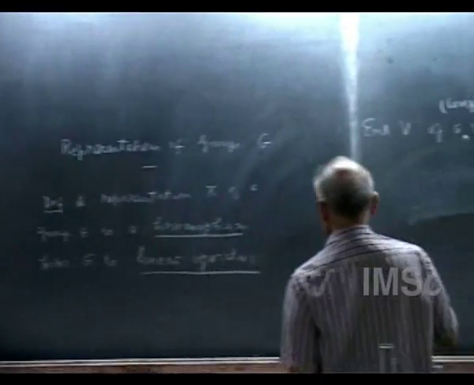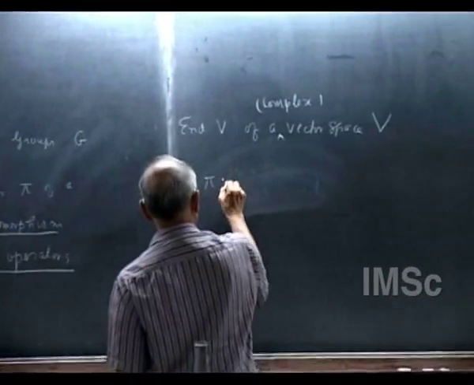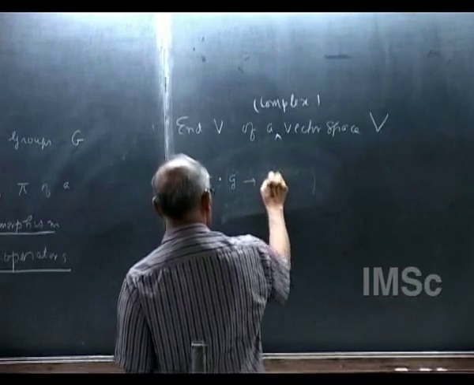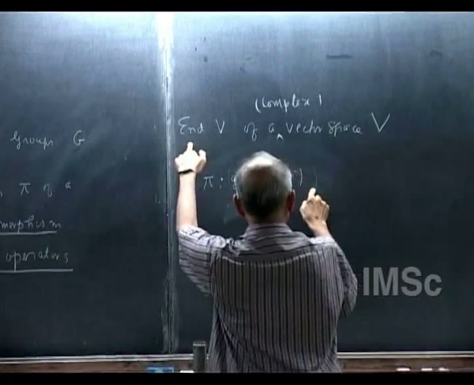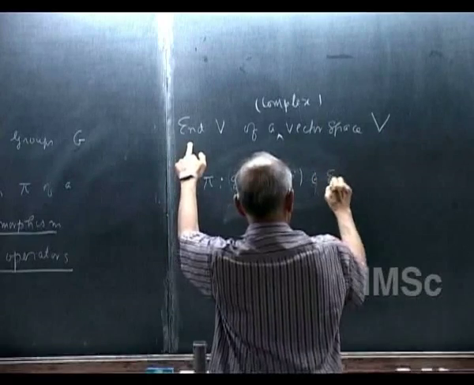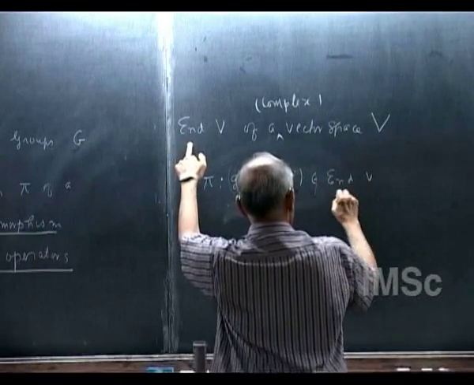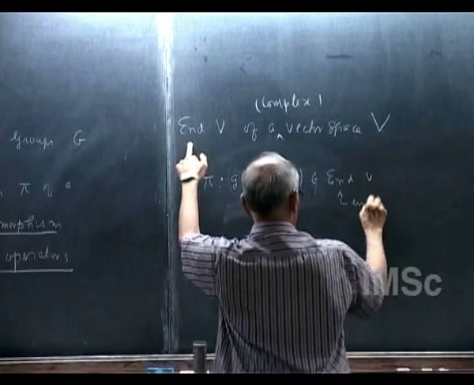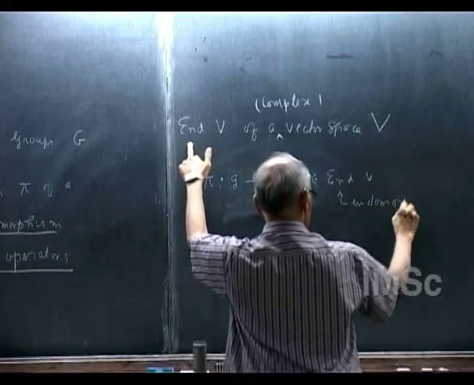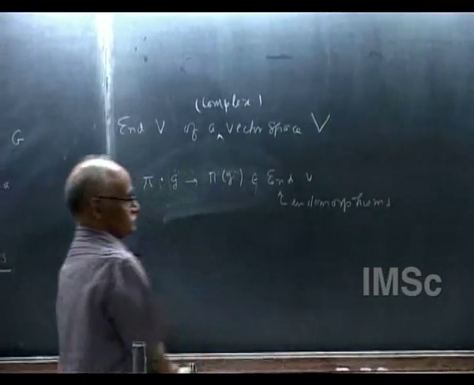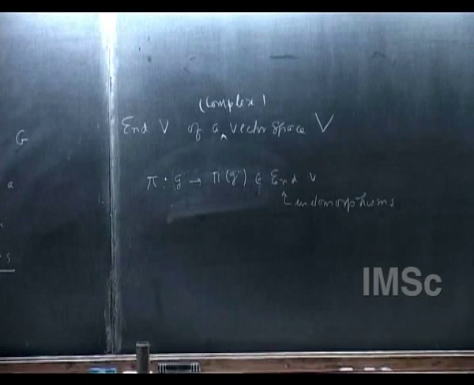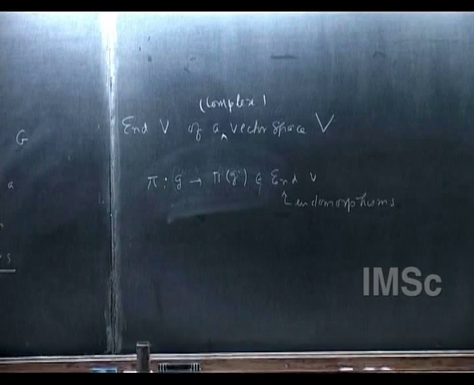So what I have got here is a map pi of G into pi(G), where pi(G) is a linear operator, normally written as End of V, endomorphisms of V. This is the same word we met when you have a mapping of a group G into a group.